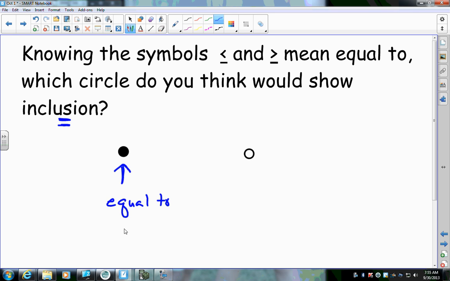So this would be the one that has less than or equal to or greater than or equal to. This one does not include the number, so this would be when you just had less than or greater than, as we are trying to find our continuous data information.